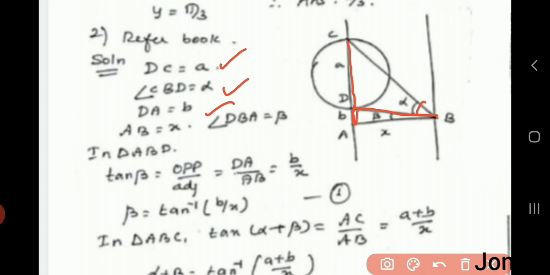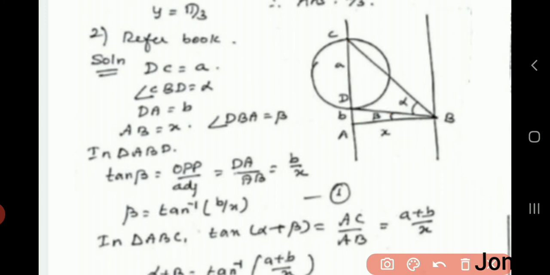And then AB is also given, the width of the road is x here. That's all given from your book. And then we want to take some more things there. The angle DBA, the small triangle DBA, keep it as beta.